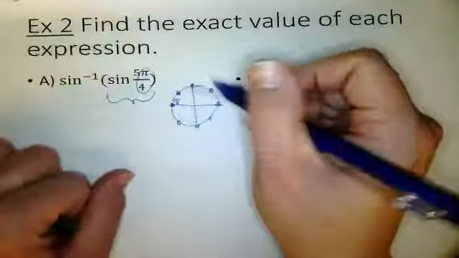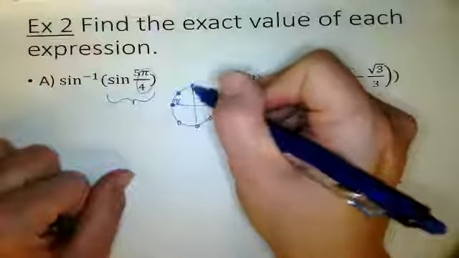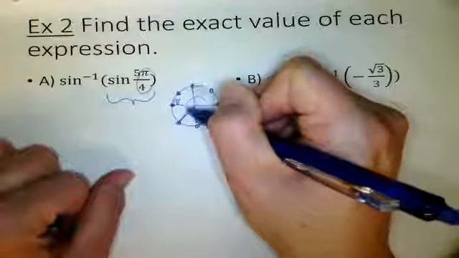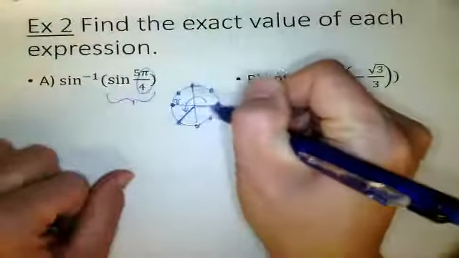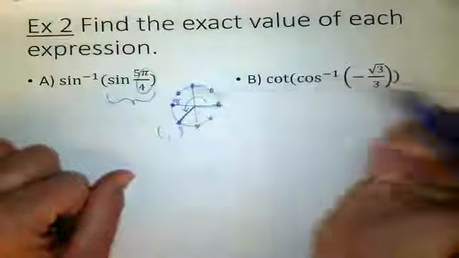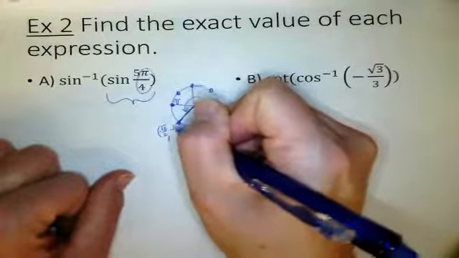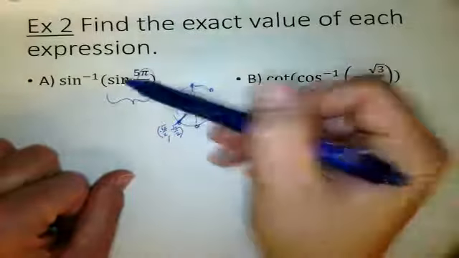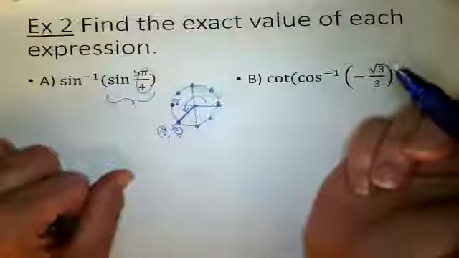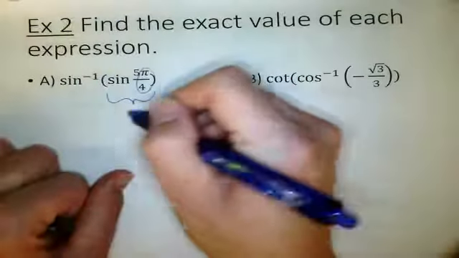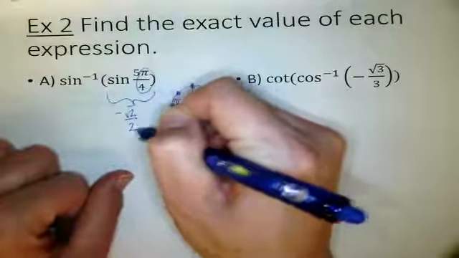And so then I get to count. So 1, 2, 3, 4, 5 π/4 is right here. So there's 5π/4. What ordered pair is that? Okay. And so then what's the sine at 5π/4? Negative radical 2/2.